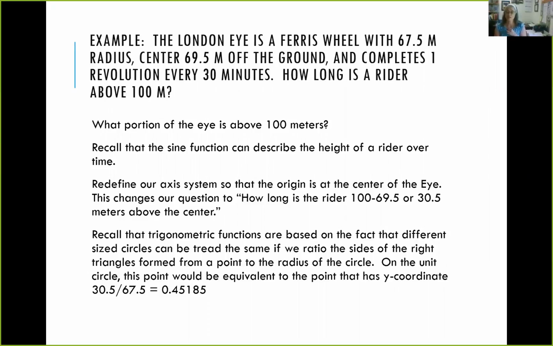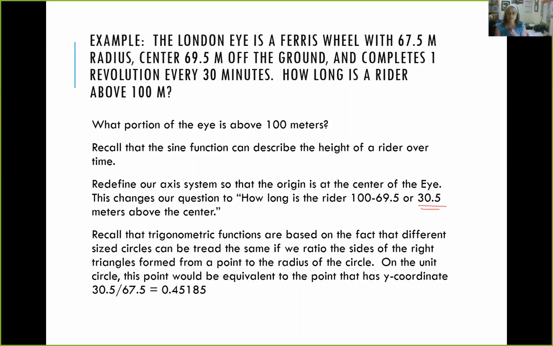So that changes our question a little bit. I'm going to make the center of the eye be the origin because that simplifies my life. So what that means then is I'm looking for how long the rider's chair is 30.5 meters above the horizontal line defined by the center of the eye.